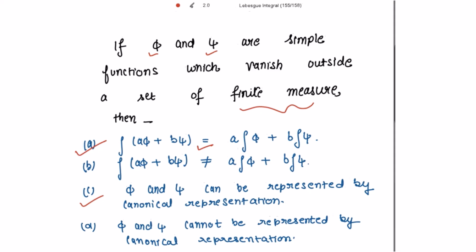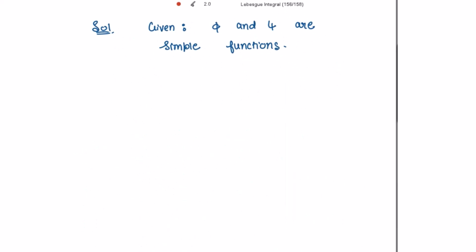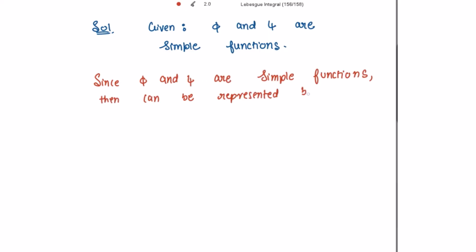Let's discuss that. What is given to us is that phi and xi are simple functions, so they can be represented by canonical representation.